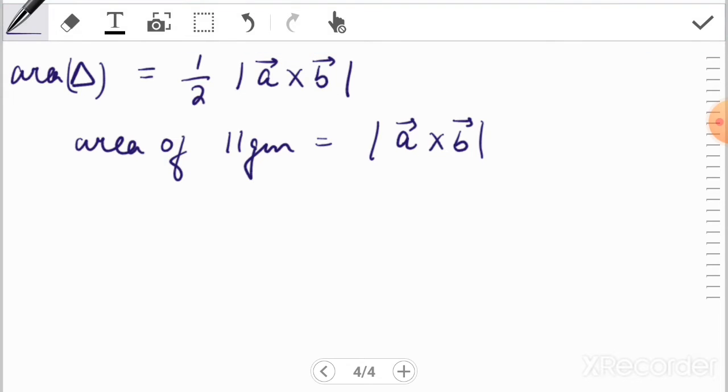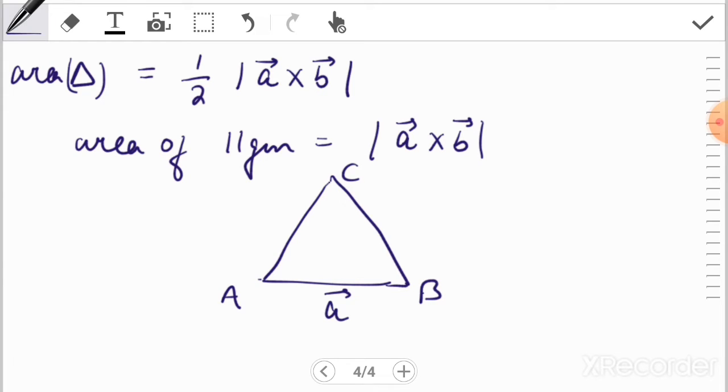Okay, if we are given coordinates of points A, B, C, so this is A vector and this is B vector. So the area of triangle can be found out by this formula. Okay.